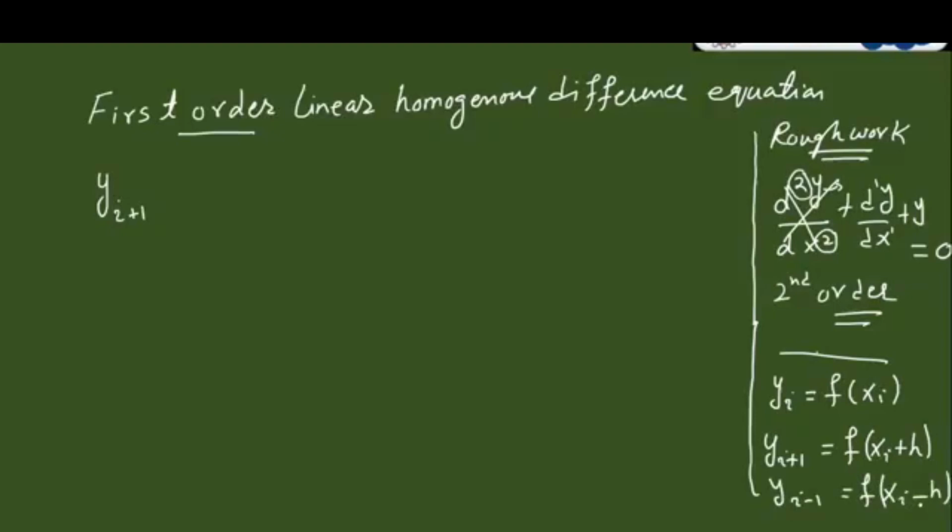Keep in mind that this h is subtracting from this whole term, similarly this is adding to this whole x_i. Here, whenever I write something like y_{i-1}, this is only dealing with the subscript. What I want to say is that y with subscript i minus 1 is not the same as y_i minus 1. They are different things.